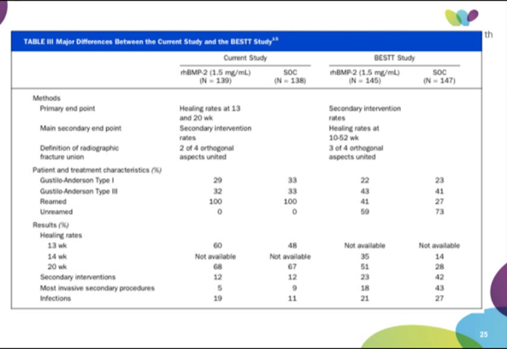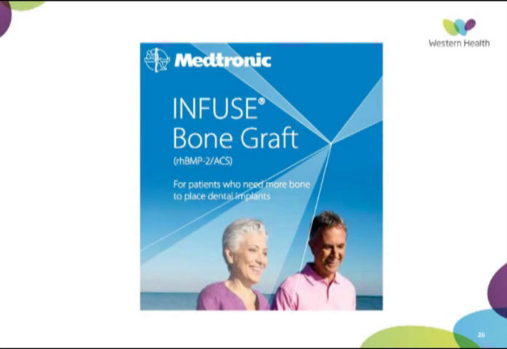And this table is the comparison from the latest study between the two groups, and the rates of union, where a higher rate of union was seen with BMP in the earlier study, whereas really a very similar rate in the latest study with the reamed nailing.